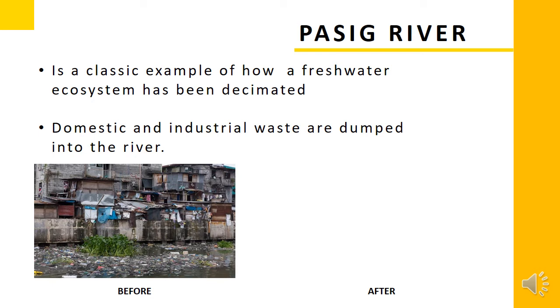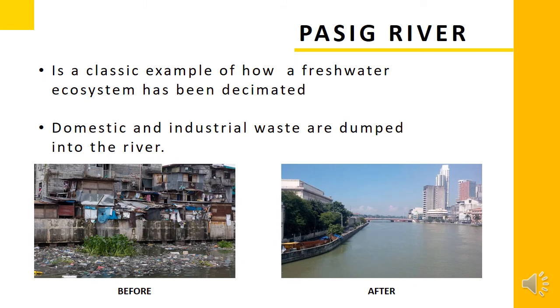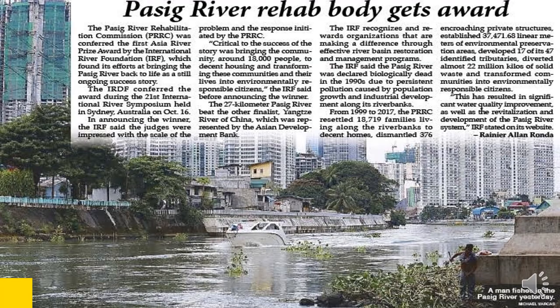Fortunately, the authorities took action and brought the Pasig River back to life. In fact, the Pasig River Rehabilitation Commission was conferred the first Asia River Prize Award by the International River Foundation, which recognized its effort in bringing the Pasig River back to life.